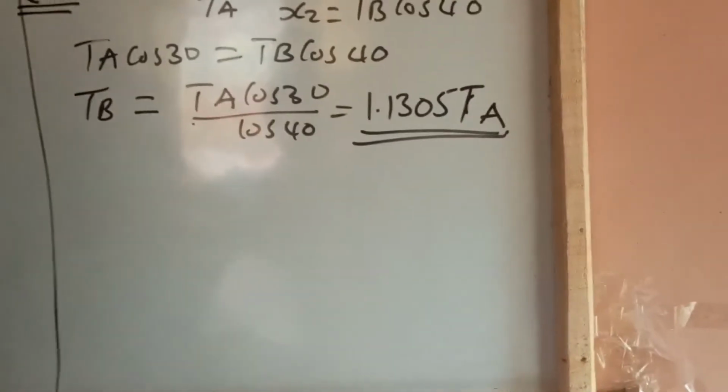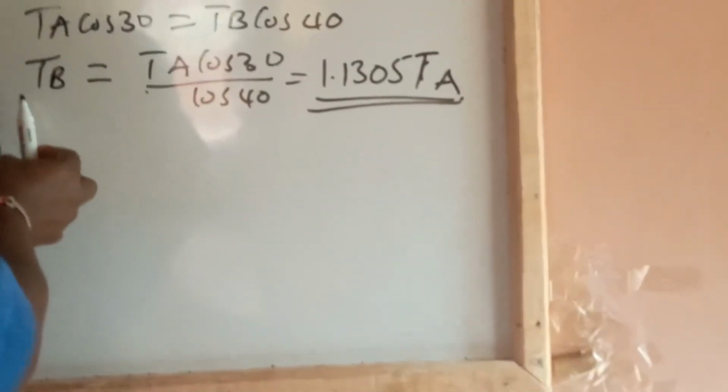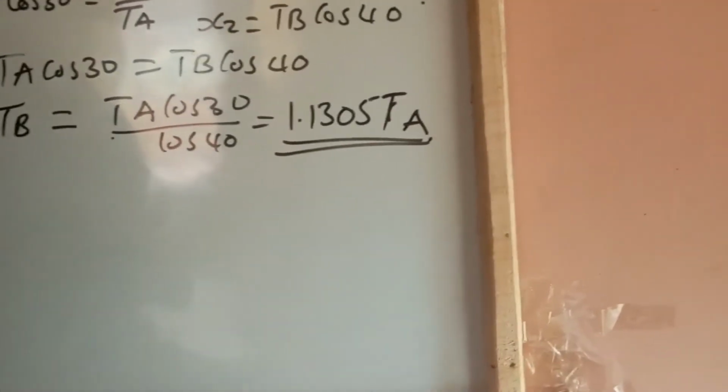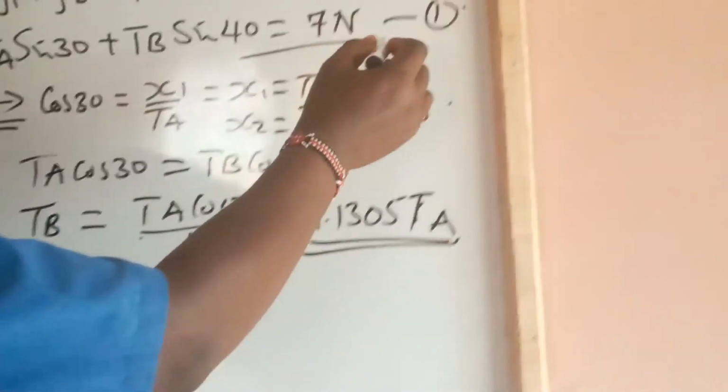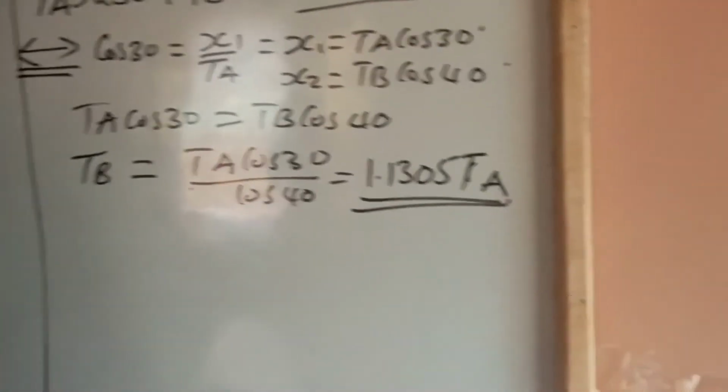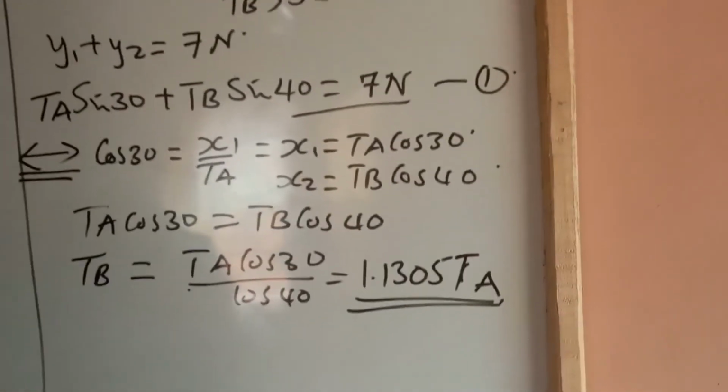If that is true, then TB has been written in terms of the tension of A. That means we can go back to equation 1 and substitute TB in terms of TA.